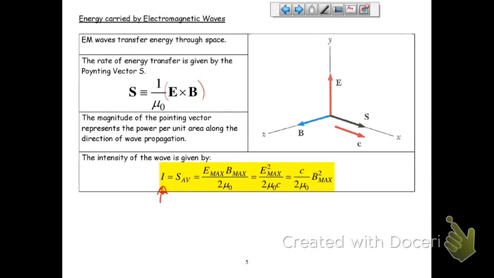The intensity of the light is equal to the average Poynting vector, which equals E max B max over 2 mu naught. I can substitute in for this if I want. My advice is you say I is equal to E max B max over 2 mu naught, and you also remember what you just learned, which was B max times C is equal to E max.